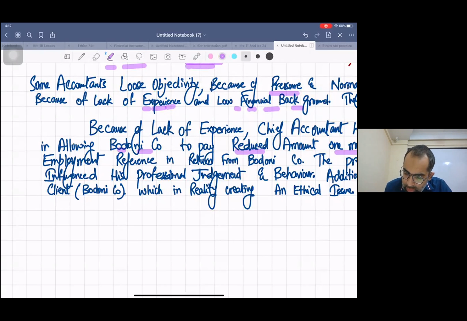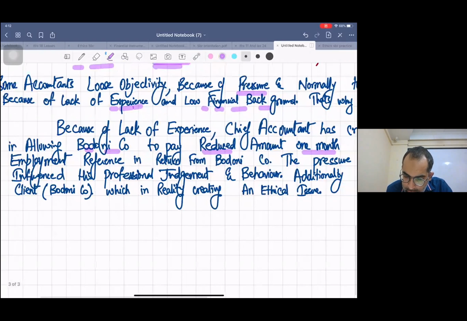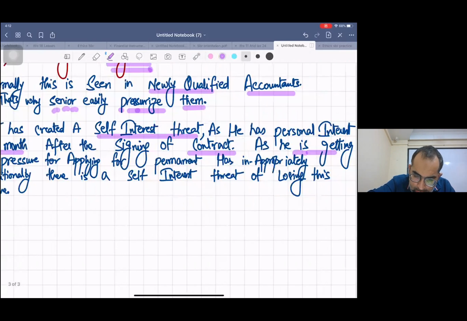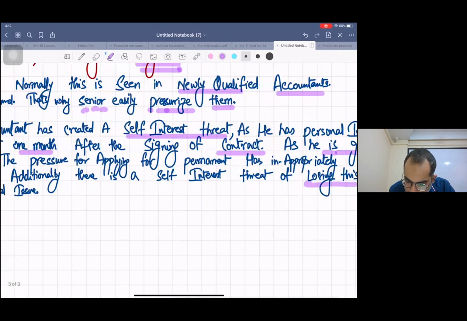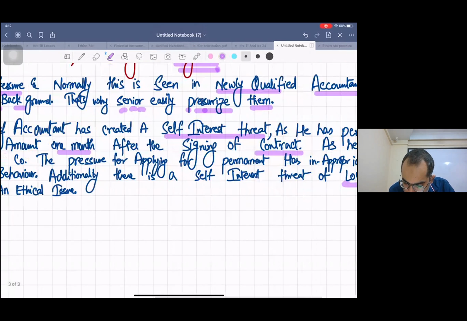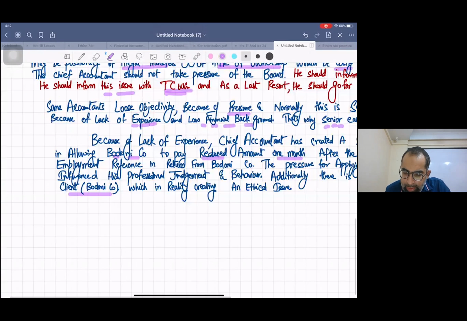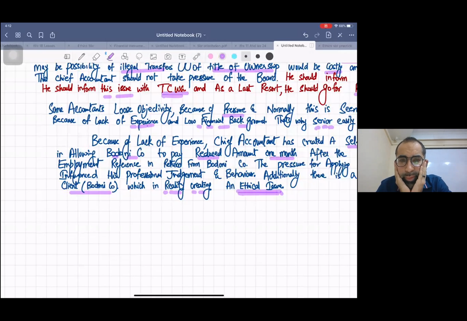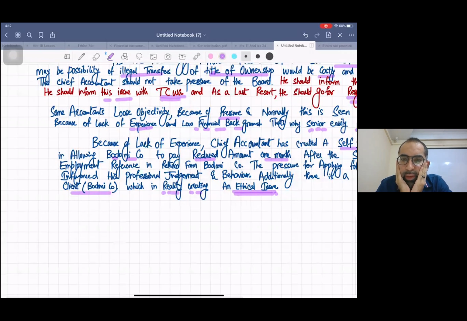Additionally, there is a self-interest threat of losing this client Badoni company, which in reality creates an ethical issue, right?